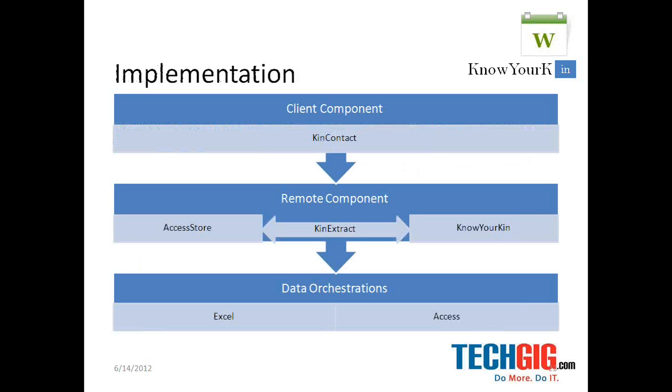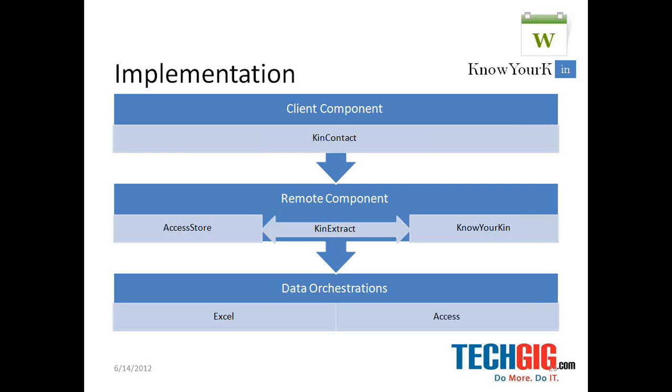So this is an implementation of your KIN basically. You have the client component, KIN contact, which contacts the remote component in the drive. You have the KIN contact and KIN extract, which has the link to the actual resources, KIN and Access Store resources.